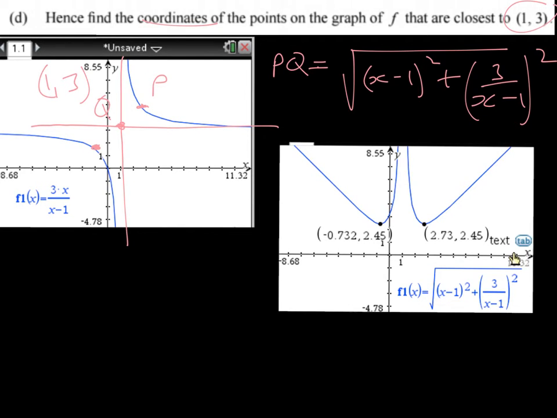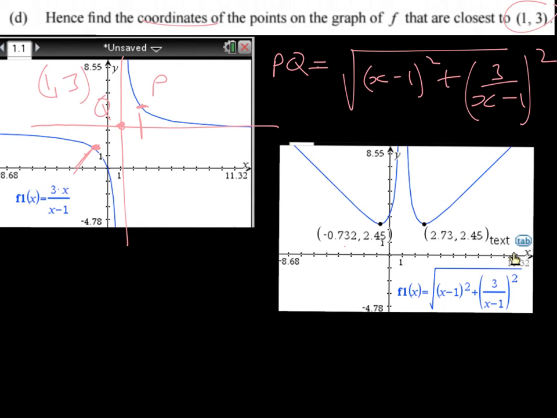So you can see that there are indeed going to be two minimum points. This one here we can see is going to be when x is negative 0.732, and this one here is going to be when x is 2.73. The other way you could have done this question was to recognize that for PQ to be at a minimum, the derivative of PQ would have been equal to 0.